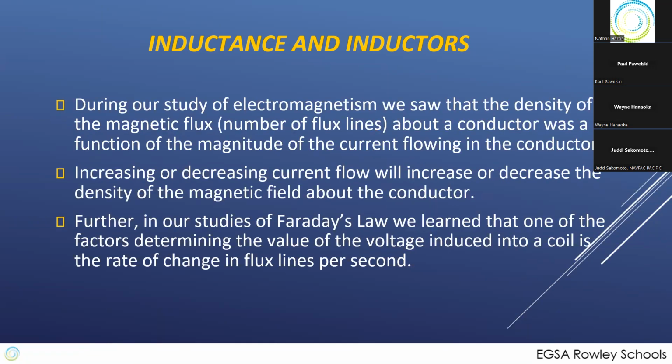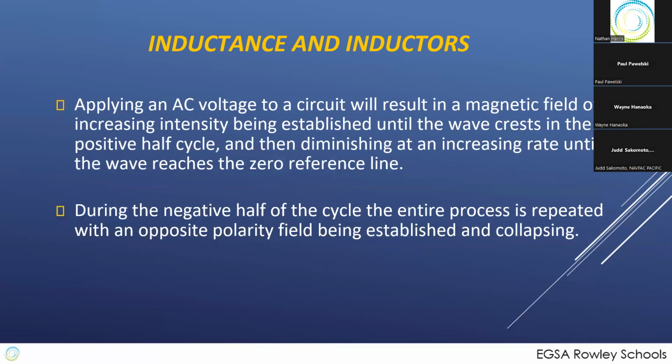All right, so if we increase or decrease the current flow, we increase or decrease the magnetic field about the conductor. And we learned that in determining the voltage induced in a coil, the big thing is the change in the flux lines per second. How fast do those flux lines go past? Well, that's the thing.